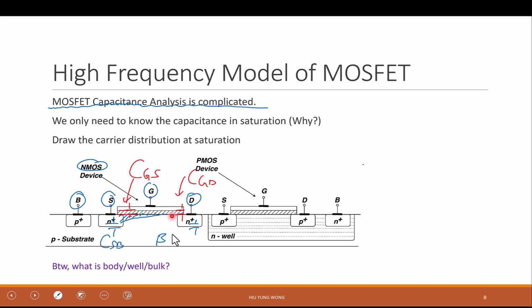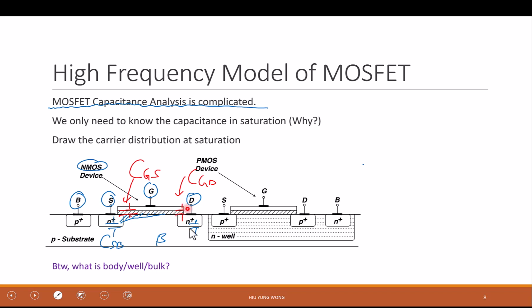This is depletion, just like an insulator. So this will be the gate, and this is the source, because it is electrically connected to the source. CGD is much smaller than CGS because of the area. We try not to have CGD, but there is always some fringing field or overlap.